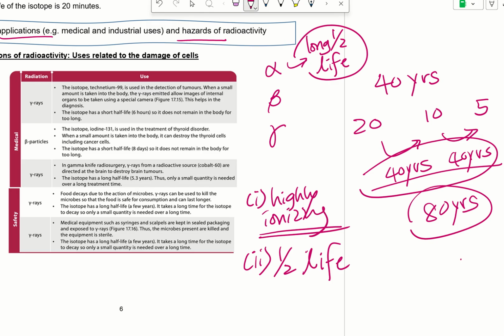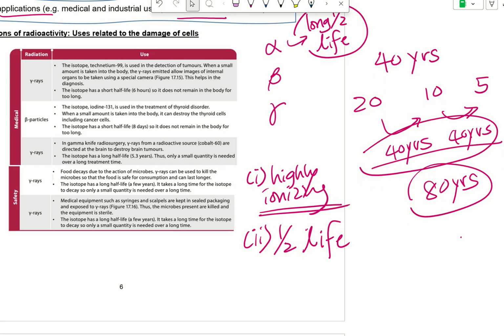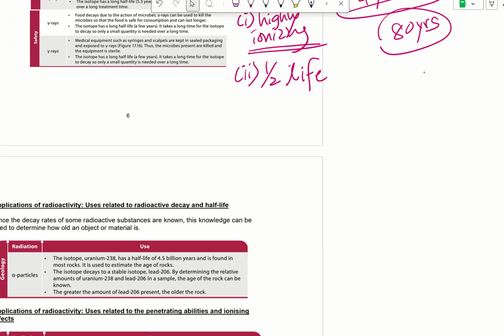After a few years of applying this radiation, do I want it to continue to ionize my cells even after my cancer is cured? Maybe not, right? So I'll choose something that has a shorter half-life. You know what I'm saying?